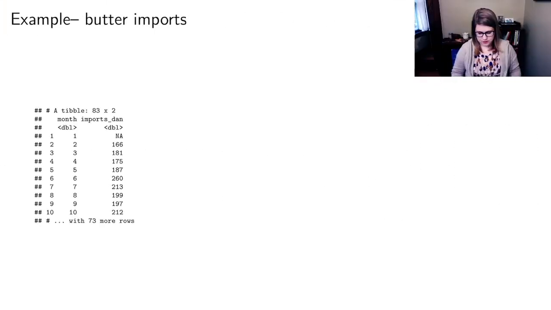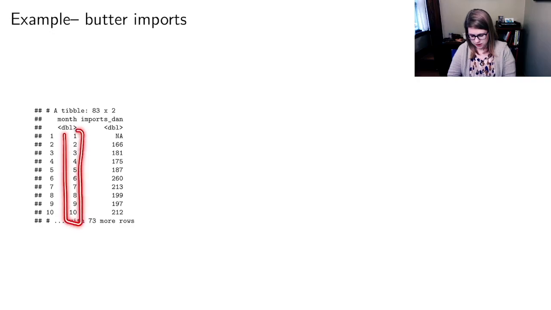All right, so I said that the cosine model is good for data that has some periodicity. The clothing expenditures data didn't have periodicity, so we're going to think about this example of butter imports. So in this data set, I have data which is collected on a monthly basis, and then I have the Danish butter imports.